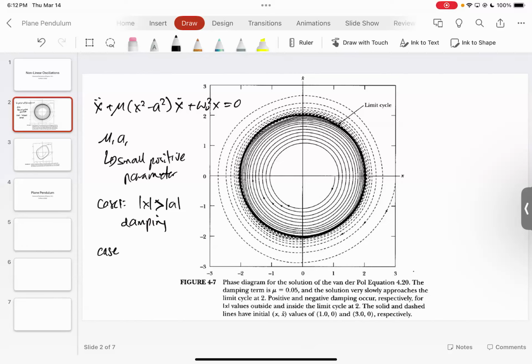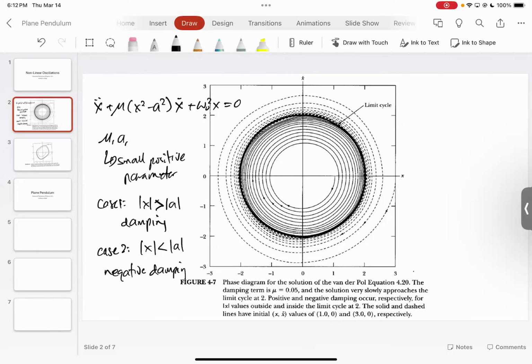And then case 2 is when the absolute value of x is less than the absolute value of a, then we have negative damping. Okay, so what does negative damping mean? We know that when you apply a damping force, the amplitude of the oscillation decreases, right?